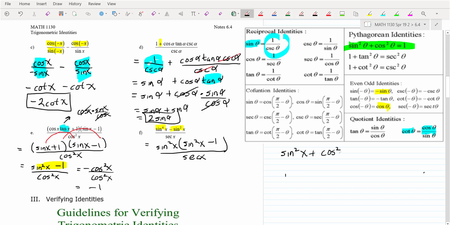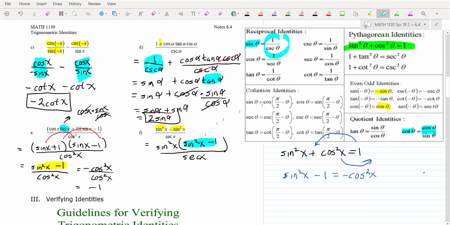Since this is a sine squared x minus 1, I can do exactly the same thing I did on the last problem. I can move the 1 there and the cosine there, so that rearranges to give sine squared x minus 1 equals negative cosine squared x like that.